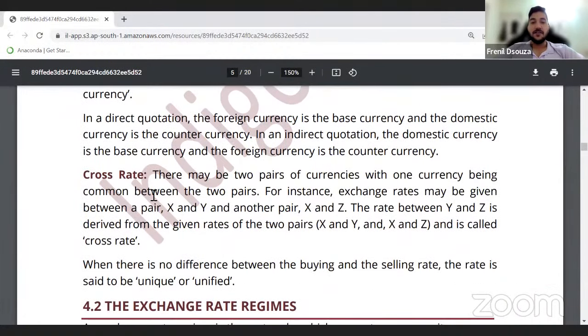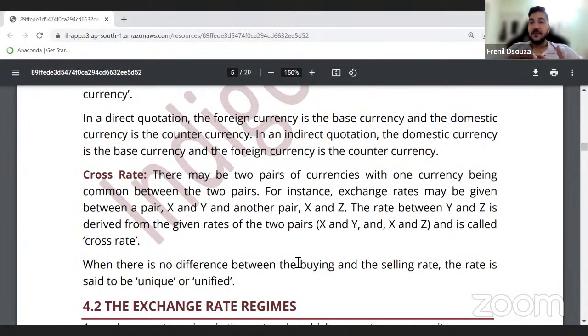Next, we have something called cross rate. Now, what is cross rate? See, there is a direct quote between Indian currency and US currency, right? And there is a quote between, let us say, US currency and certain African countries' currency, okay?